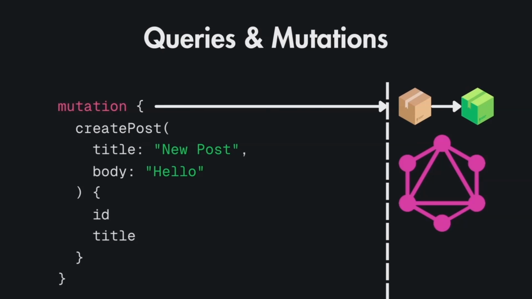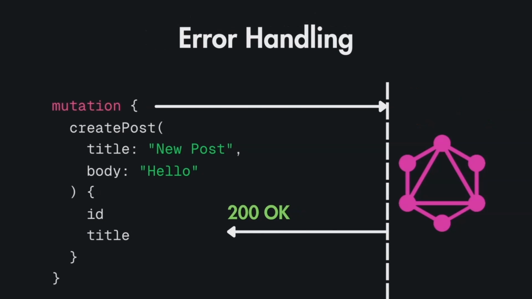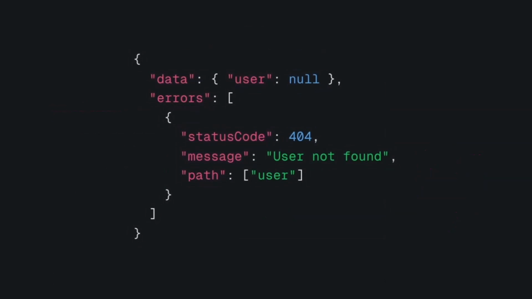When it comes to error handling in GraphQL APIs, this is a bit different than in RESTful APIs, since GraphQL always returns a 200 OK status for all responses, even if there was an error. In this case, we have to return an errors field in the response, which will indicate that there was an error.